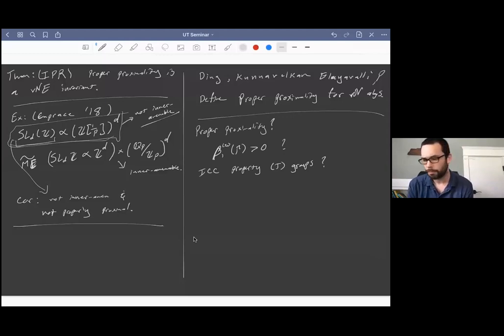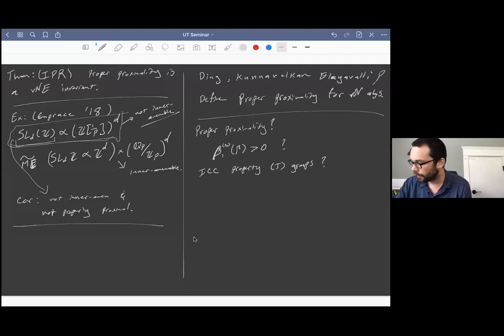My thinking is that this also should not imply it in general. Of course, if we have a property T group with infinite center, then it's inner amenable and hence not properly proximal. But if you have ICC property T groups, then I don't know. It would be nice if there were an ICC property T group which was measure equivalent to a property T group with infinite center. I don't know if that's possible or not.